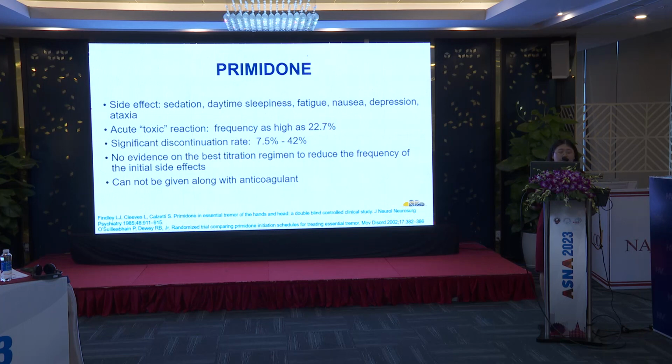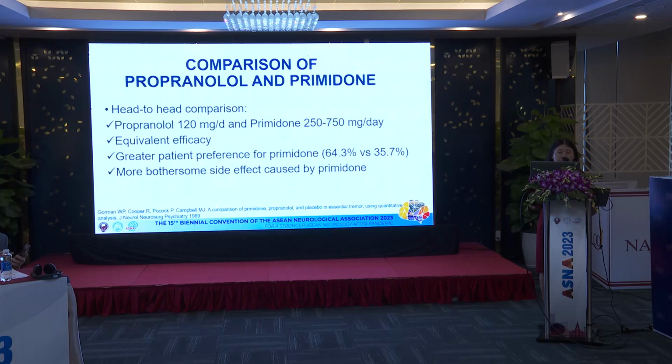There is no evidence on the best titration regimen to reduce the frequency of the initial side effects, and primidone cannot be given along with anticoagulants. In a head-to-head comparison of propranolol and primidone, patient preference was greater for primidone, but primidone had more bothersome side effects.